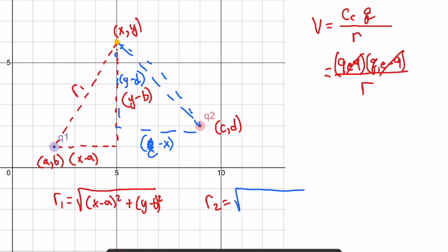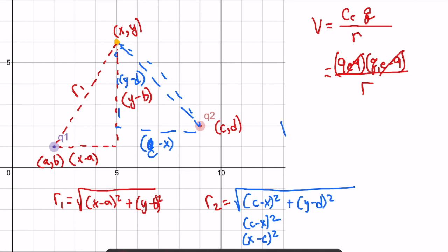So this distance, the radius, should be c minus x squared plus y minus d squared, and then we take the square root. Notice we can write this as c minus x squared or x minus c squared. It doesn't matter, because whether or not the answer is positive or negative, when you square it, it will come out to be a positive number.